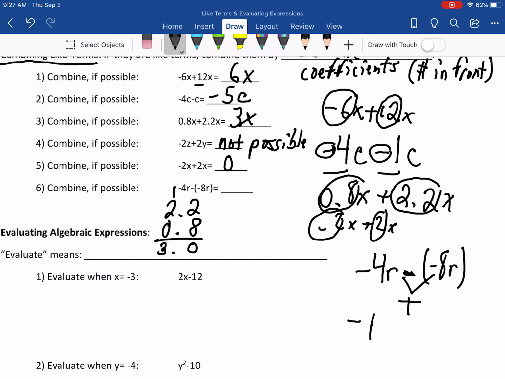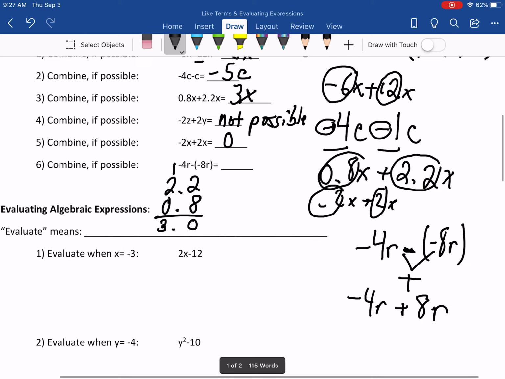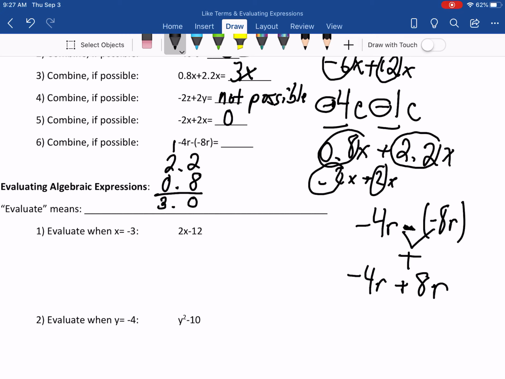So I'm going to rewrite it as negative 4r plus 8r. Okay, same sign or different? We have different signs, so we're going to subtract. 8 minus 4 is 4, and we keep the sign of the larger. The larger one is the positive 8, so it's going to be a positive 4r.